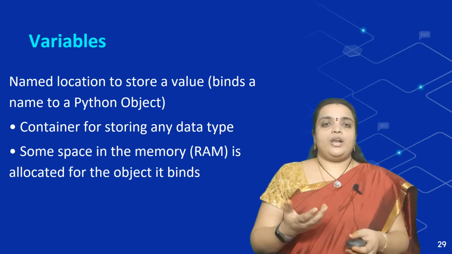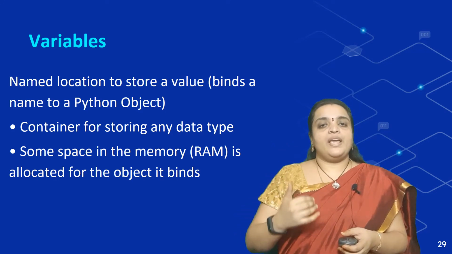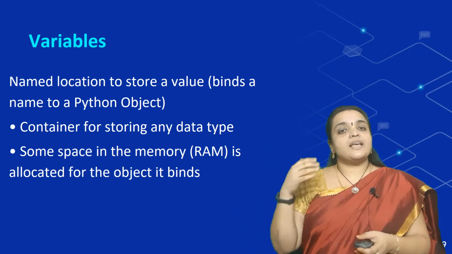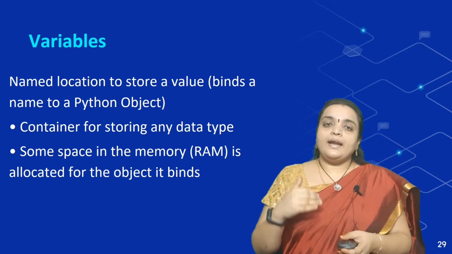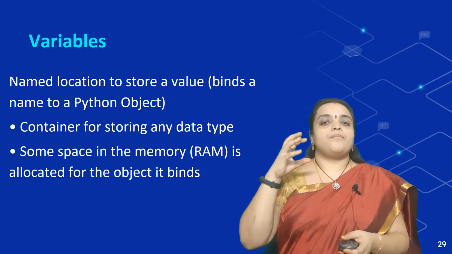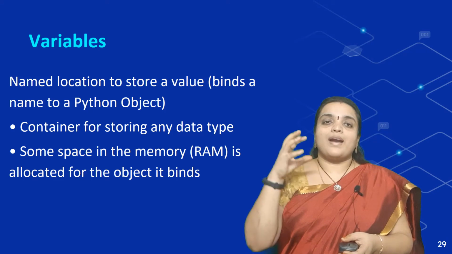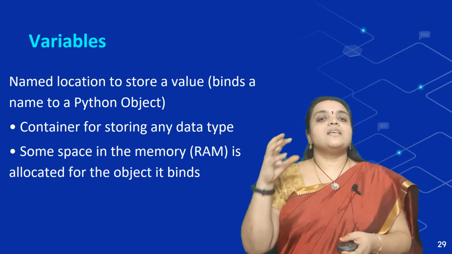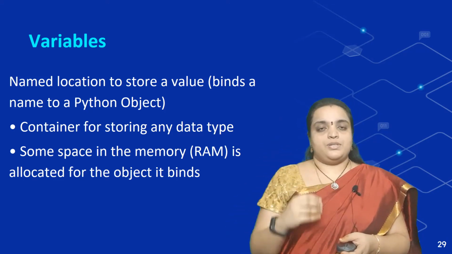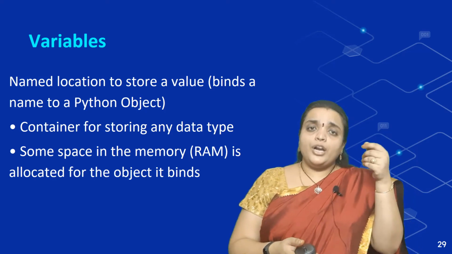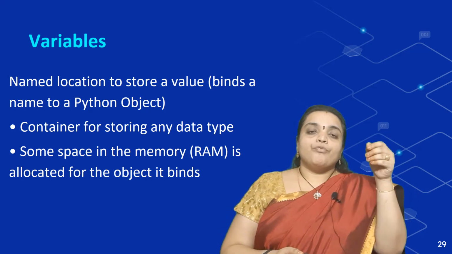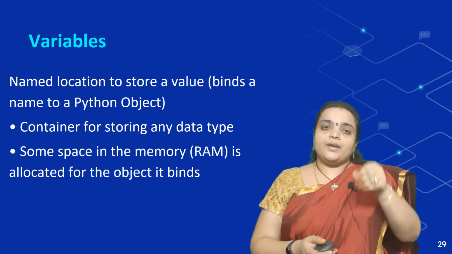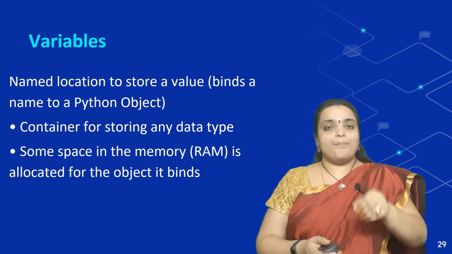We can also call it a container for storing any data type. Some space in memory, that is in RAM, random access memory, is allocated for the variables. As I have already told you, in C, we give the variable memory at compile time itself.